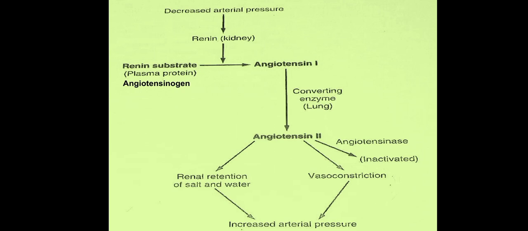Now aldosterone causes reabsorption of more sodium from the blood and excretion of less sodium, to decrease the excretion of both salt and water. Both of these actions increase the extracellular fluid volume and thereby increase the arterial pressure.